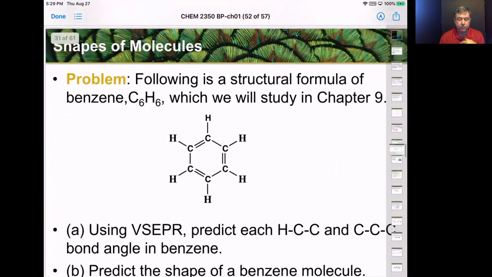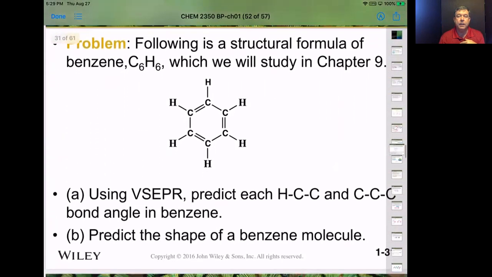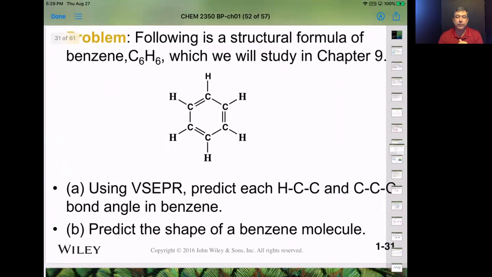Okay. So let's take this one step further and look at this really big molecule here. We're going to do this in chapter 9, and we're going to show you something very interesting about this molecule. So let's take what we know about each individual carbon and expand upon it.